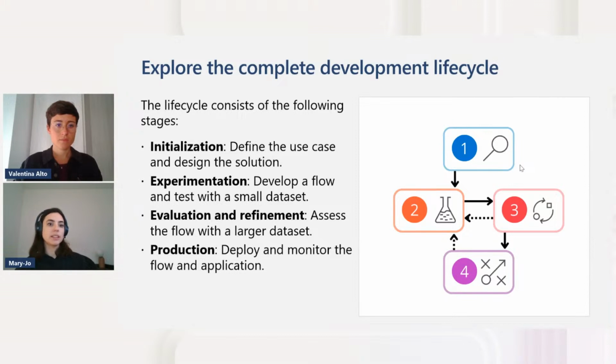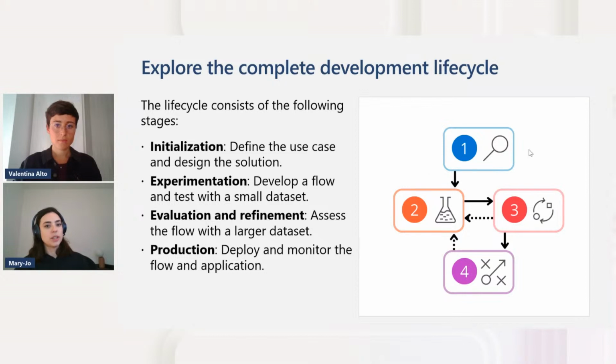It could be that during this evaluation, where you might also use some kind of evaluation metrics, you need to go back to your previous phase and experiment and edit your flow again. Here again, it's recommended that if you're going to edit the flow, you first test on a small data set before you move on to the larger data set. Again, this is really just to be more agile with experimenting.